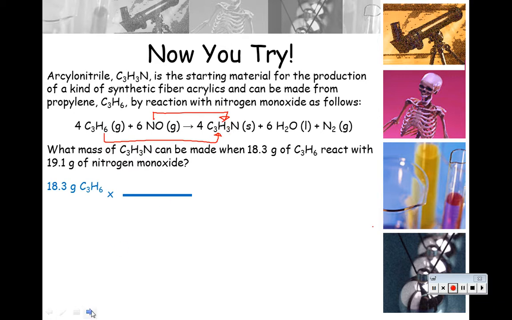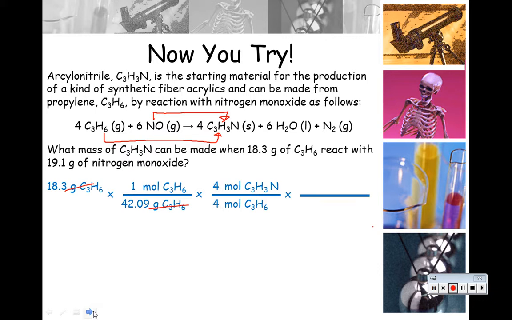By doing this next step, all I'm doing is converting it to moles. My grams of C3H6 is going to cancel and give me the number in moles of C3H6. Using the mole ratio, I can figure out how many moles of C3H3N are coming out.